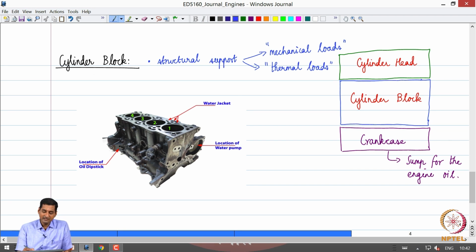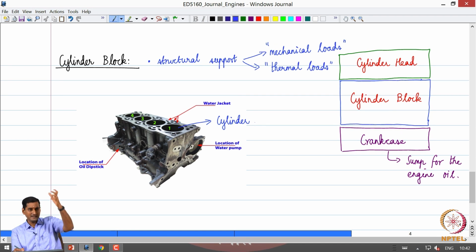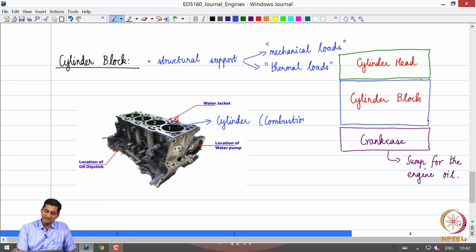In the photograph that I am showing you, you can see that there are 4 cylinders. This is a cylinder, which, as the name indicates, is a cylindrical cavity, and basically doubles up as the combustion chamber. You will see that this terminology is used interchangeably, the cylinder or the combustion chamber, when we talk about engines.